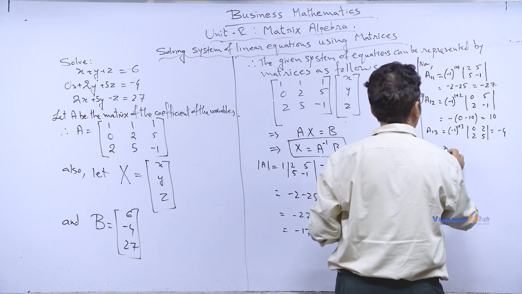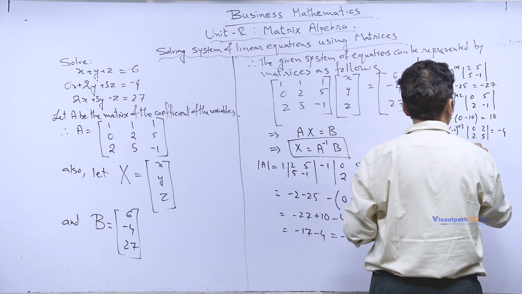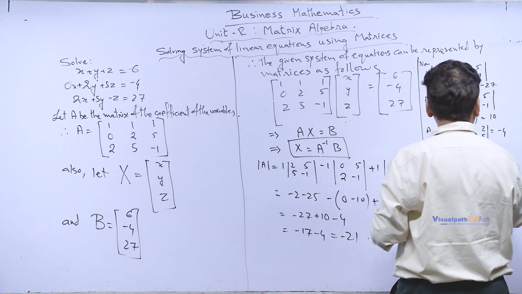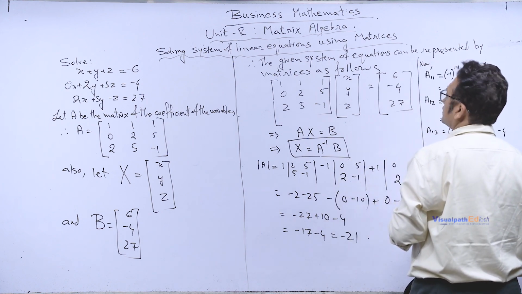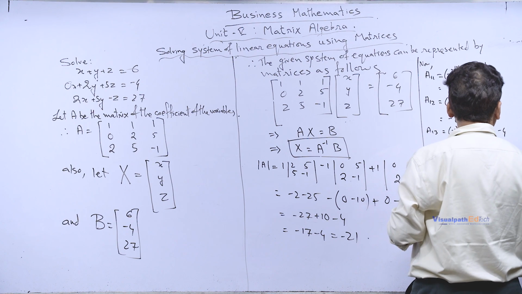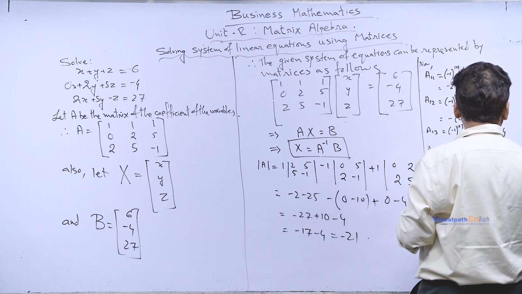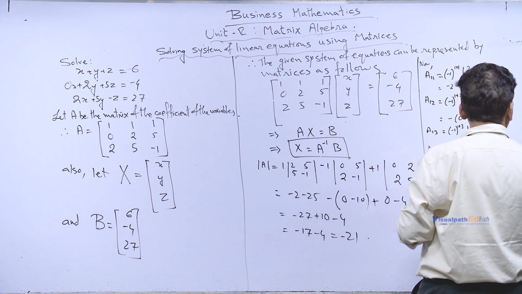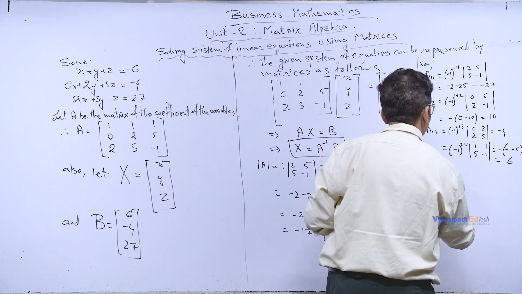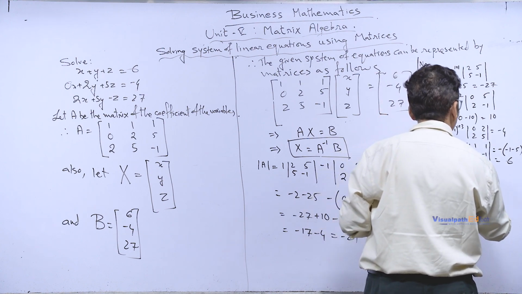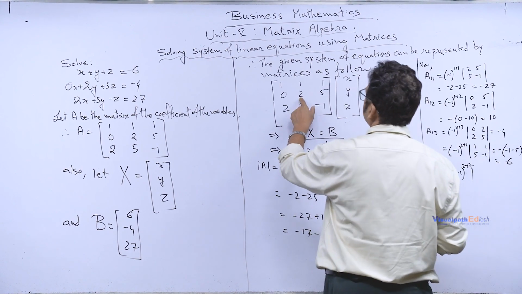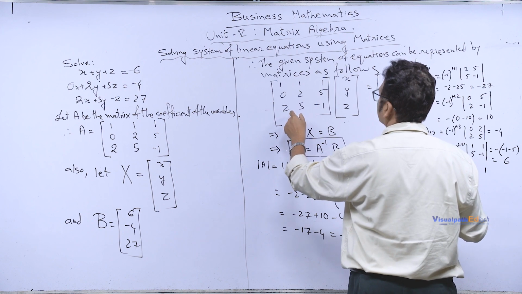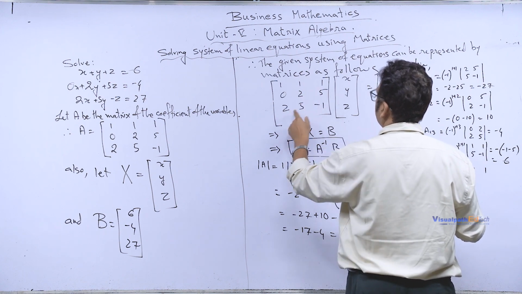Then we have A21, 2 plus 1. So, A21 is this element. So, we will get 1, 1, 5, minus 1, which is minus of, that is minus 1, minus 5, 6. A22 will be minus 1 to the power 2 plus 2 and then the minor 1, 1, 2, minus 1.